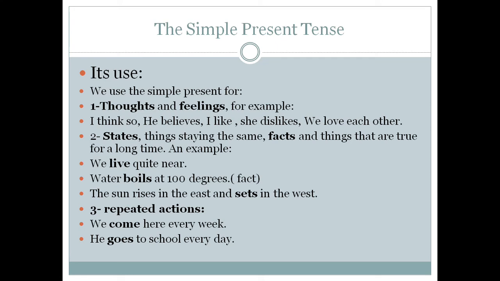So verbs of thoughts and verbs of feelings should be in simple tenses, present simple or past simple. So we use present simple tense to express thoughts and feelings. Number 2, we use the simple present for states, things staying the same, facts, and things that are true for a long time.